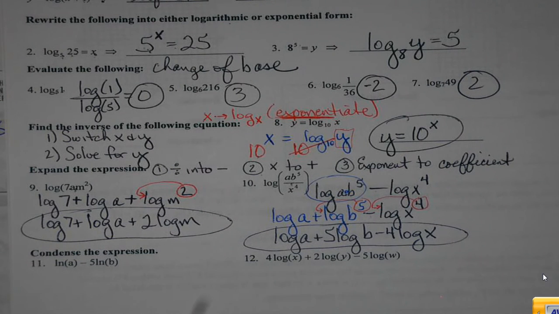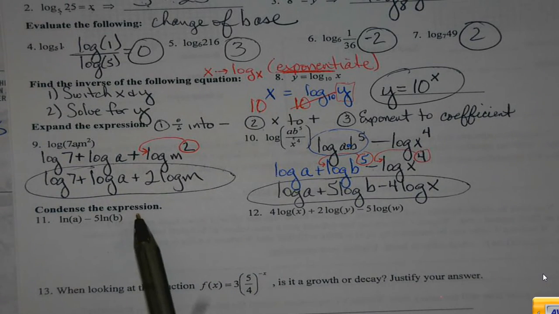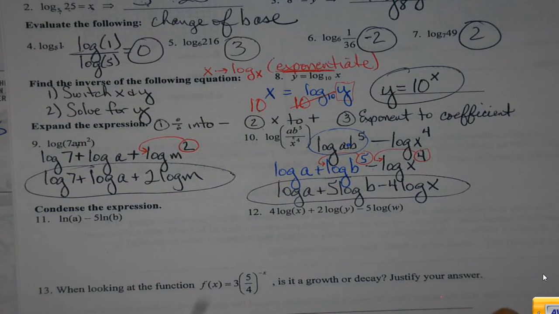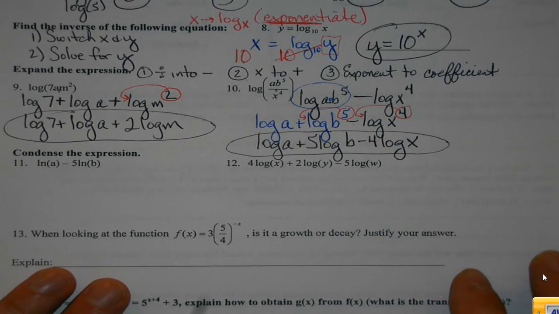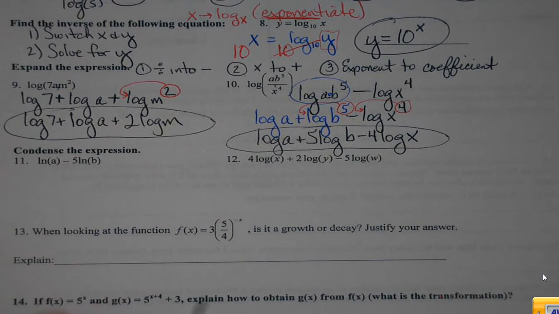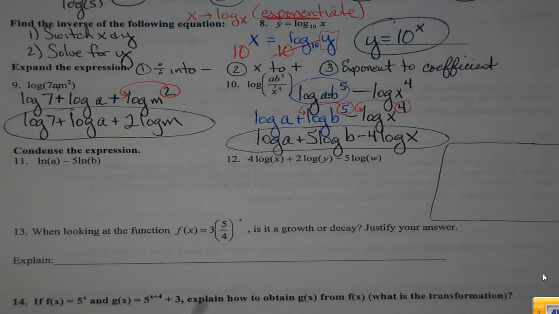Now, when we go to condense, though, it's like we're doing everything backwards. We tried to go from one log into all these multiple logs, and now we're doing the opposite. Since I kind of ran out of room, I'm going to move this up a little and do a little sidebar with our condensed steps here. When we're doing condensed, we basically go back up the chart.